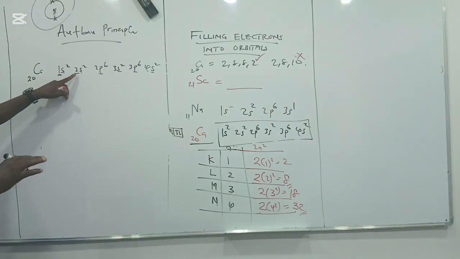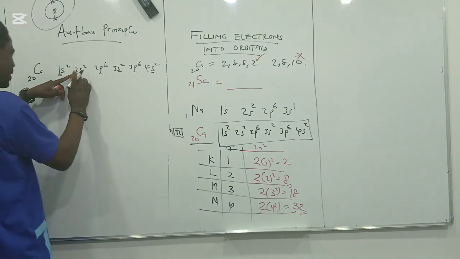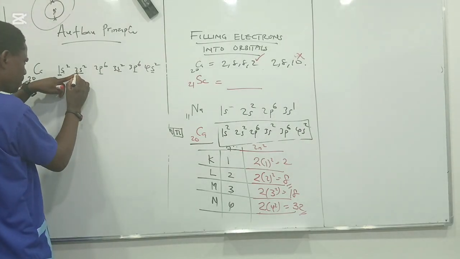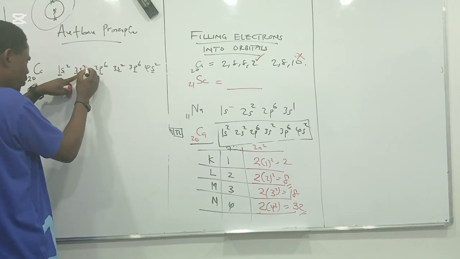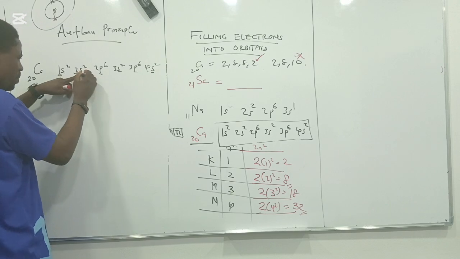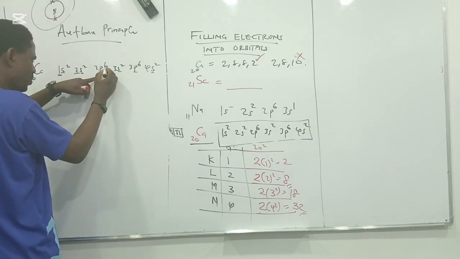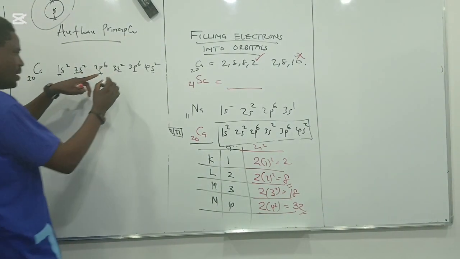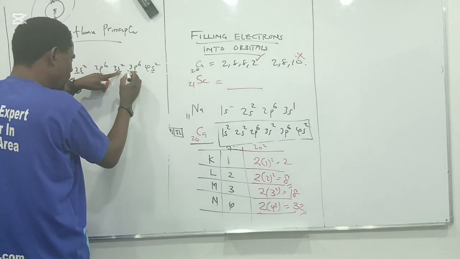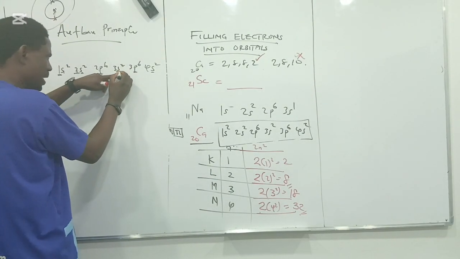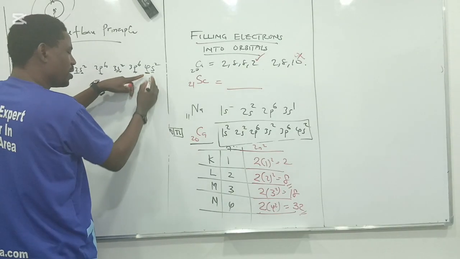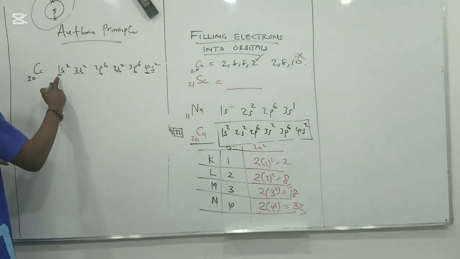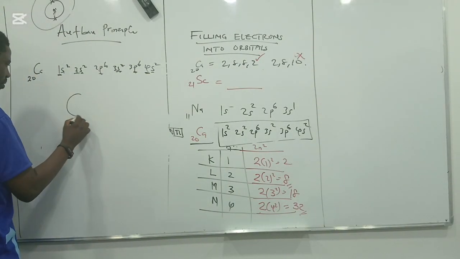Let's see whether you can interpret the second one. 2s2 2p6 means that in the second shell, we have s and p orbitals. 2 electrons are in the s orbital, while 6 electrons are in the p orbitals. In the third shell, we have 2 electrons in the s orbital and 6 electrons in the p orbitals. Then the fourth shell has 2 electrons.